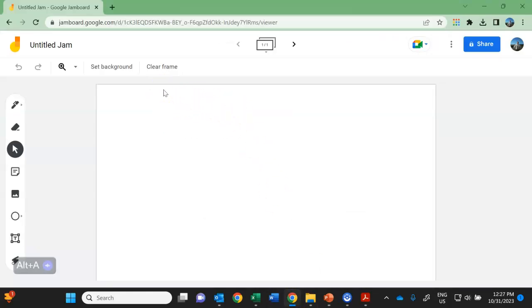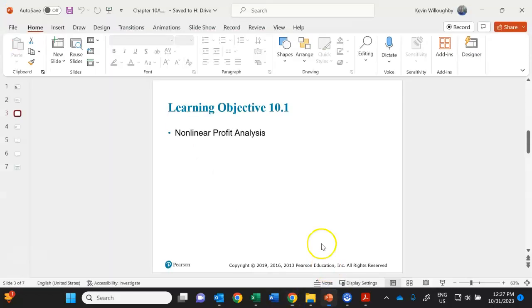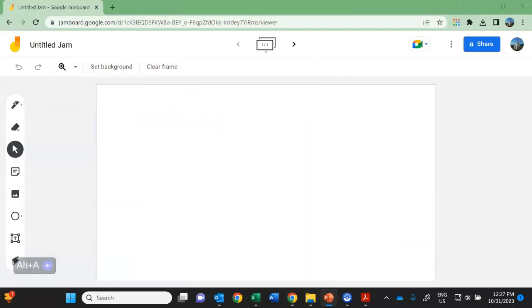This question is from Chapter 10, page 478. A couple of things that we know is that we're trying to maximize our profit. So Z is going to be our profit. It's basically total revenue minus total cost.